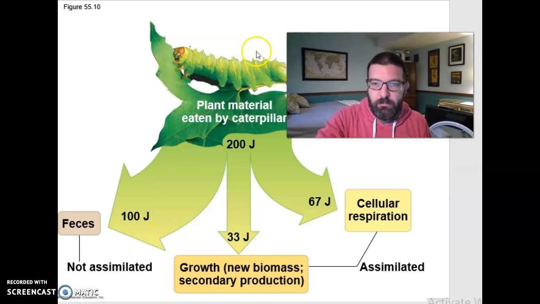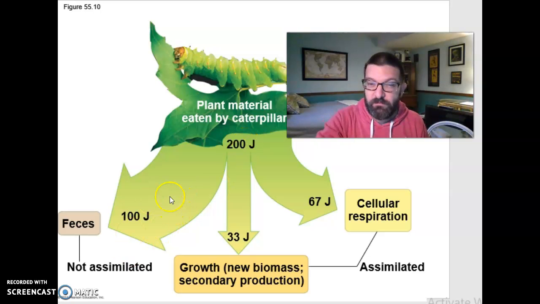So we have a caterpillar eating a plant, and let's say there are 200 joules of plant, right? 100 joules of that, first of all, is just going to be lost as feces. Right? That doesn't mean it's gone from the ecosystem, because you have worms and fungus, etc., that can capture some of those calories, but they're not going to move into the caterpillar, right?